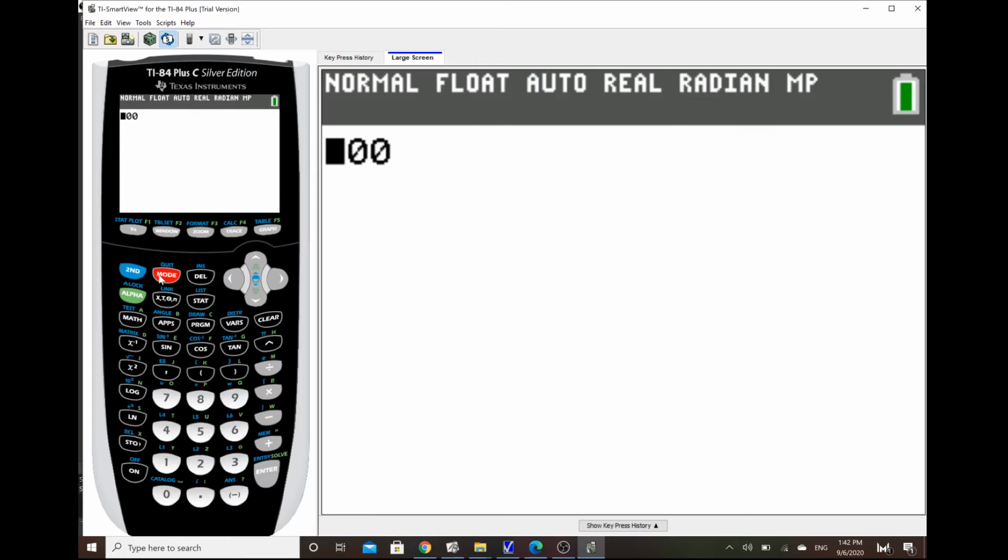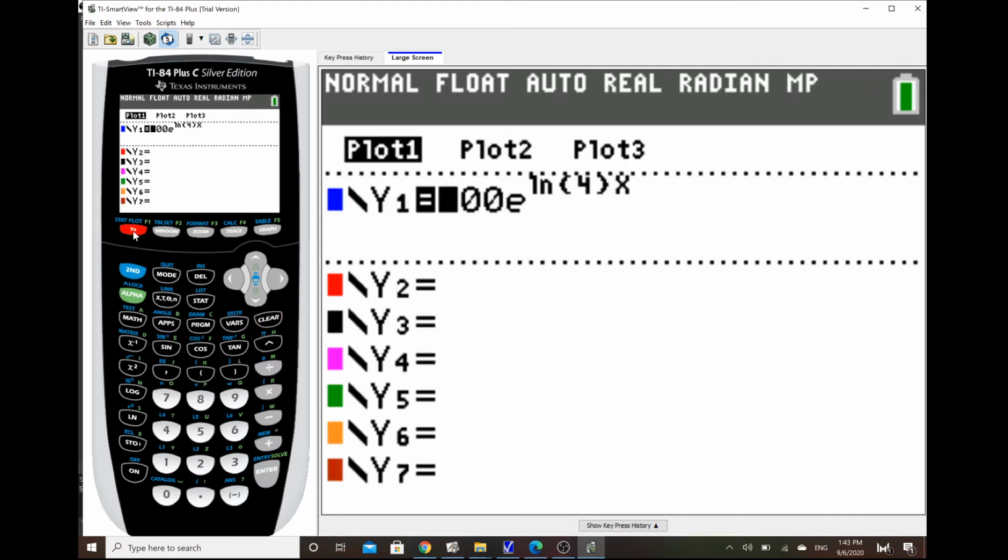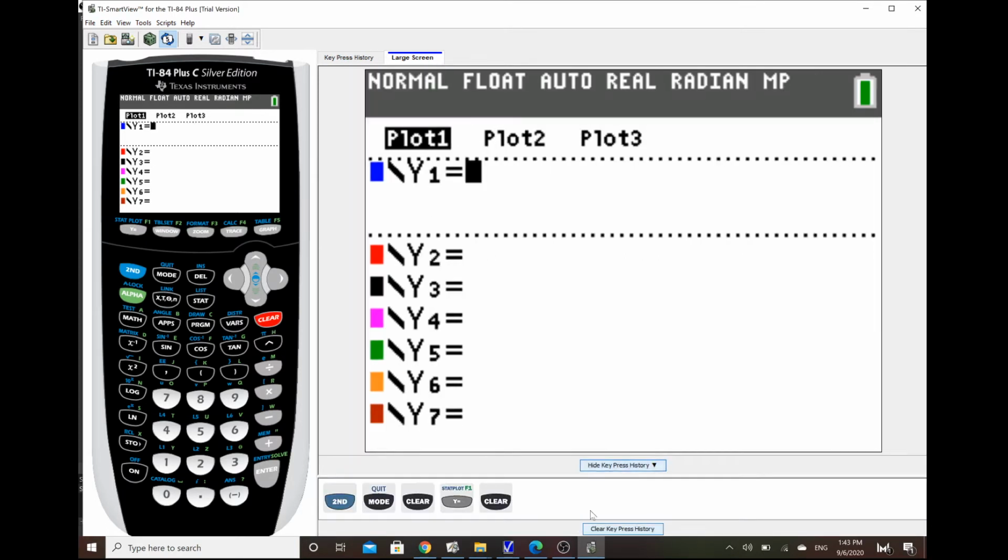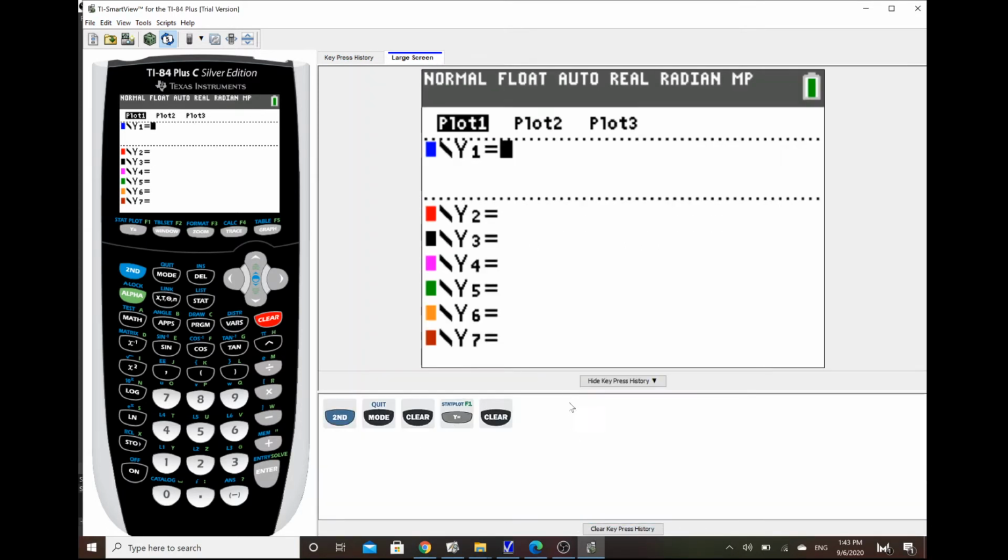Second, quit. Once you turn on the calculator, it's all blank unless you have put something into memory. Now Y equals, and we just want to clear that off. And also I can show you the key history here at the same time.